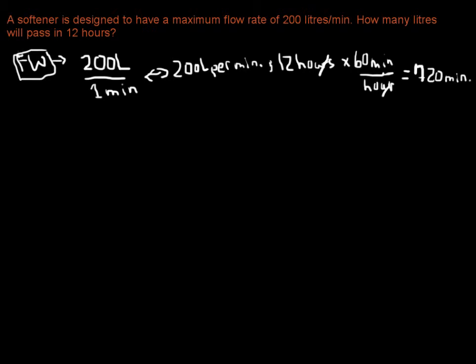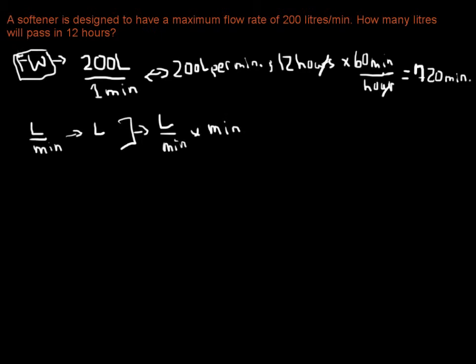The easiest way of doing this, or maybe for some people the quickest way of seeing this, is that we're given the rate in liters per minute, and we have a total time in minutes, and all we want is liters. So we'll have liters per minute multiplied by the total minutes.